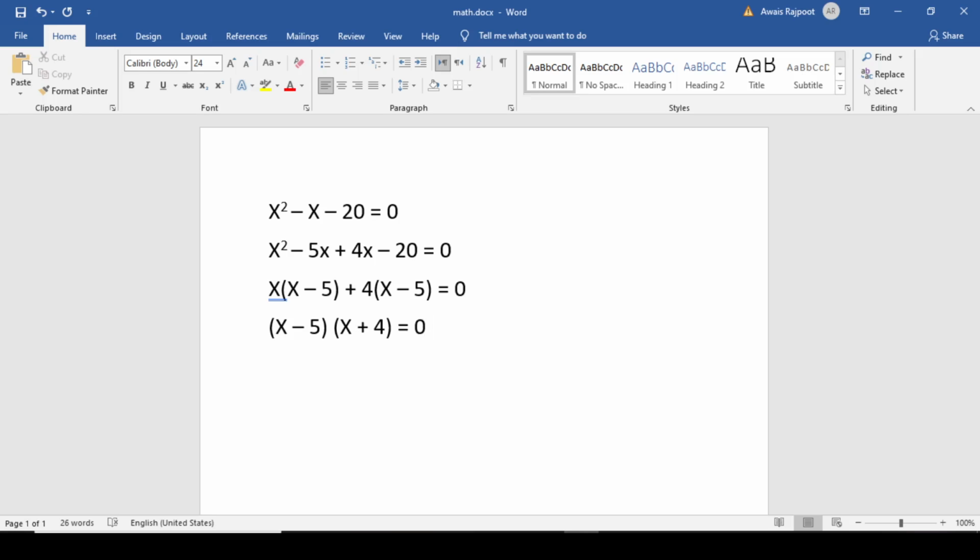Our question is almost done. What is the next thing? The answer comes in two forms: this factor is equal to 0, and this factor is equal to 0.